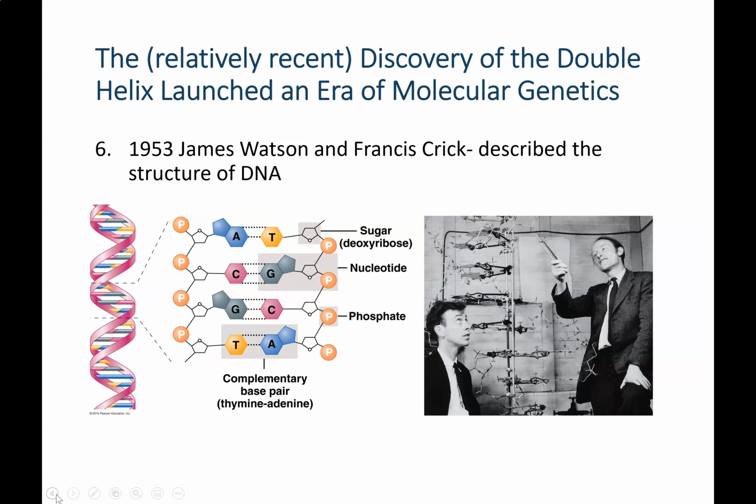In 1953, James Watson and Francis Crick very famously announced that they had discovered the secret of life. They had uncovered the chemical structure of DNA. And so that is where we are going to start in our genetics class, at the structure of DNA and how it came about.